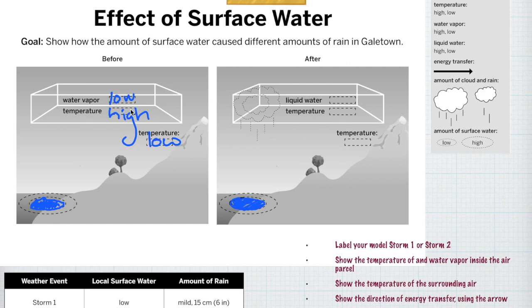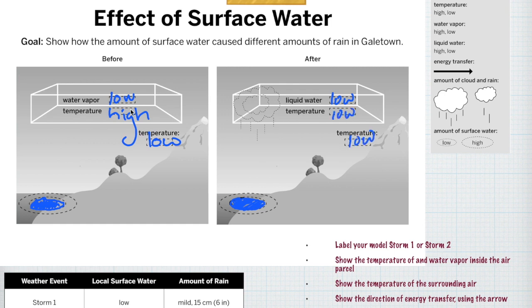Now, we know that the transfer of energy is going to make the heat from the water vapor cool off, which is what causes the condensation. So the water becomes low and the temperature is low because it matches almost the outside temperature.